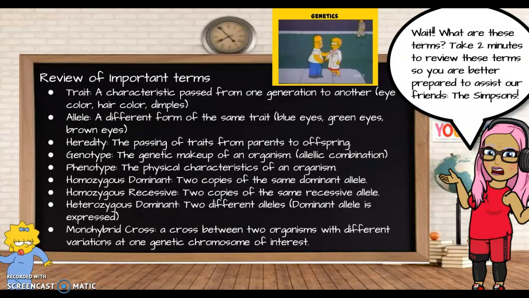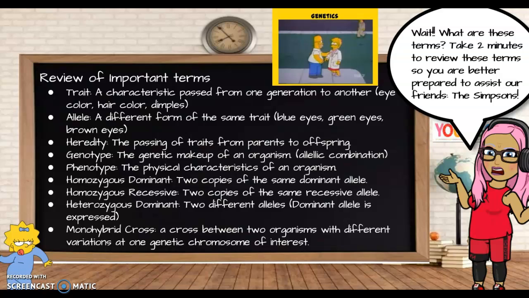The phenotype is the physical characteristics of an organism. Homozygous dominant is two copies of the same dominant allele. Homozygous recessive is two copies of the same recessive allele. Heterozygous is two different alleles, and the dominant allele is expressed.